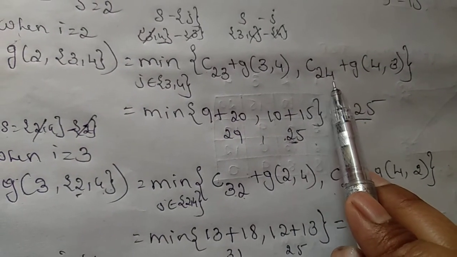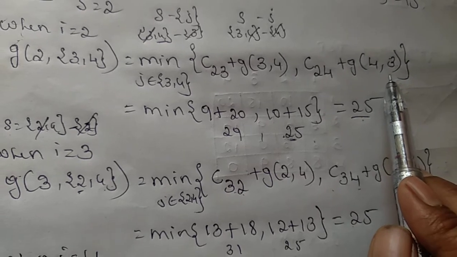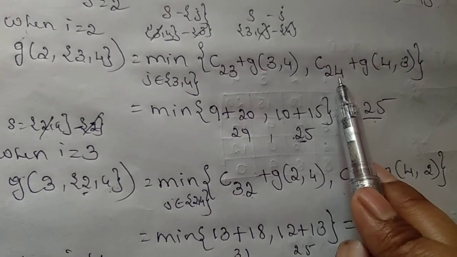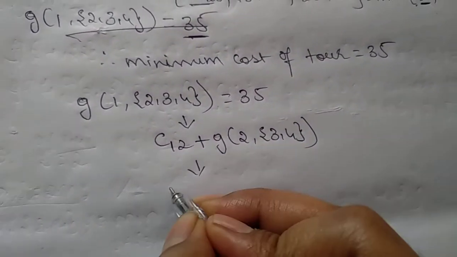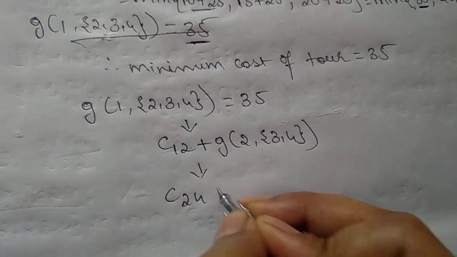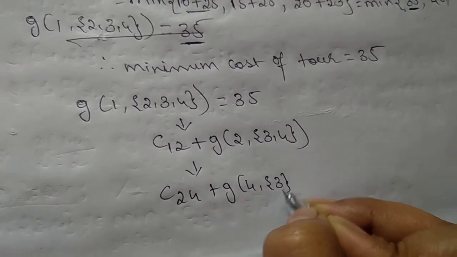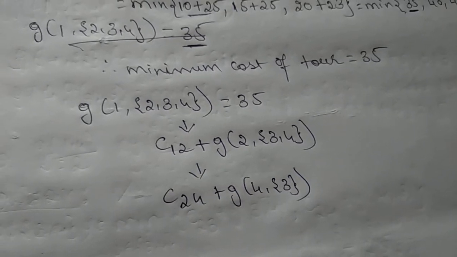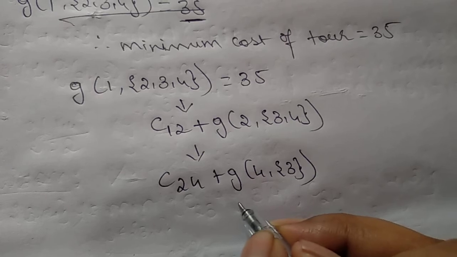C of 2, 4 plus G of 4, 3. Is it not? C 2, 4 plus G of 4, 3. Write this one here. C 2, 4 plus G of 4, 3.